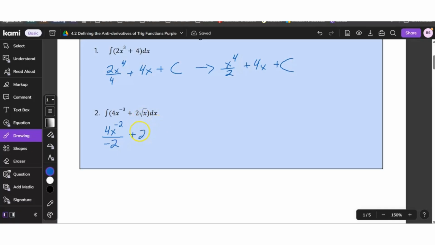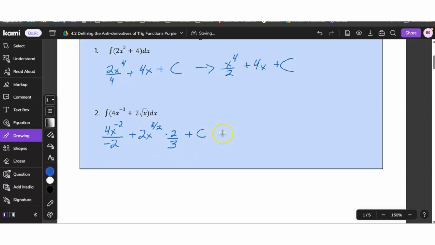So this is really 2x to the 1/2 and we add 1, 3/2, exactly. And then this is the part that's kind of awkward. So remember, if we're dividing by a fraction, what does that really mean? Multiply by the reciprocal. So I'm going to flip it to become 2/3 and multiply. That was the shortcut we talked about last class. And then, of course, plus c.